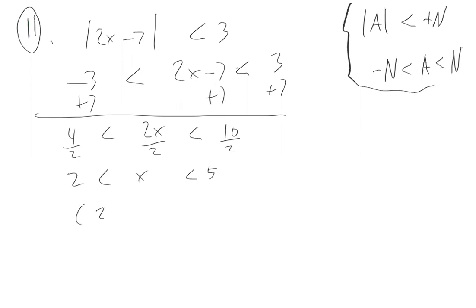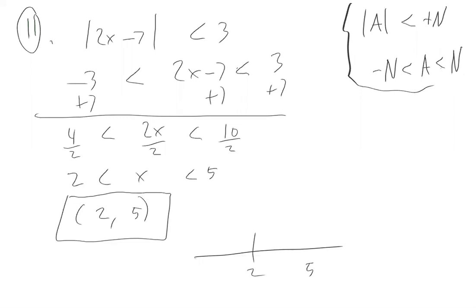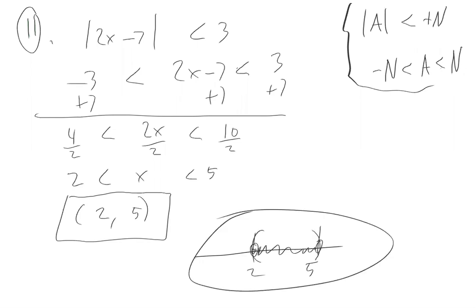It doesn't equal 2 and it doesn't equal 5, but it's between them. The answer in interval notation would be from 2 to 5 with parentheses around them. The graph would be 2 to 5 with shading between them and parentheses around those as well. That's how you'd solve problem number 11.